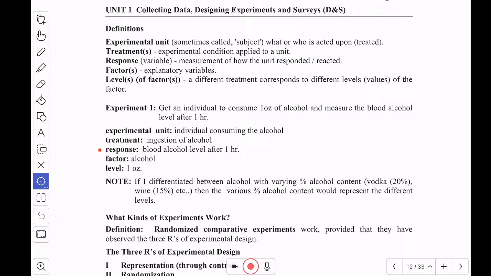The response is the measure of the blood alcohol level after 1 hour. And so there's only one factor, it's alcohol, and there's only one level, 1 ounce. We could vary the level by having it be 1 ounce, but introducing another variable, that is percentage alcohol content. So we could have the first level as 1 ounce of vodka, or 1 ounce of wine, and these have varying percentage alcohol levels.